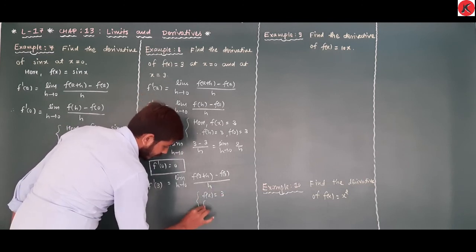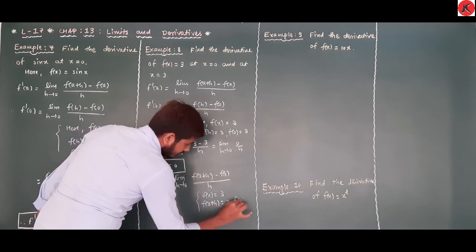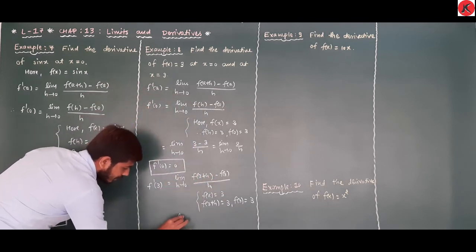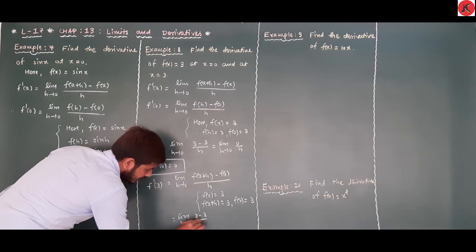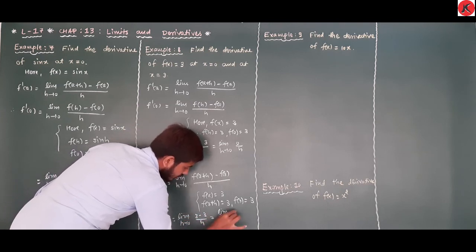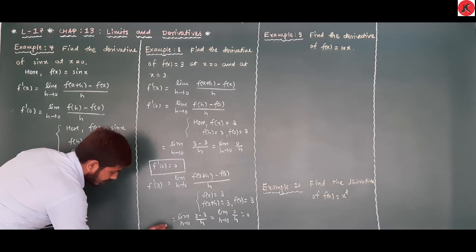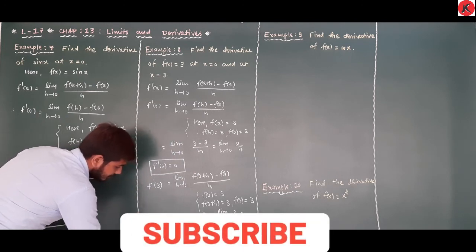Therefore f of 3 plus h is also 3, f of 3 is also 3. Put these values here. Therefore limit h tends to 0 of 3 minus 3 upon h. That means limit h tends to 0 of 0 upon h. This will become 0. Therefore your f dash 3 is also equals to 0.